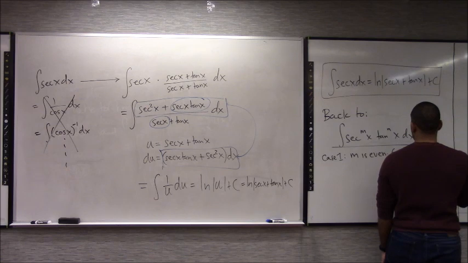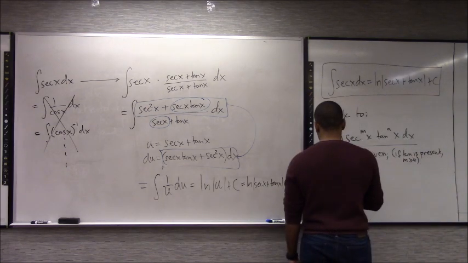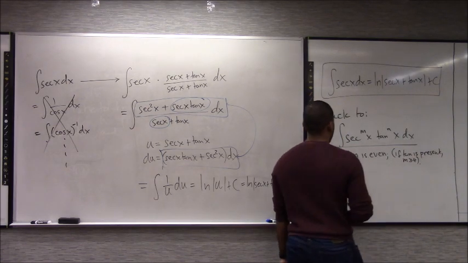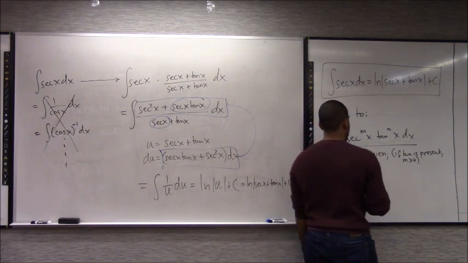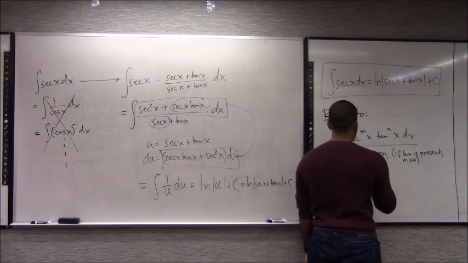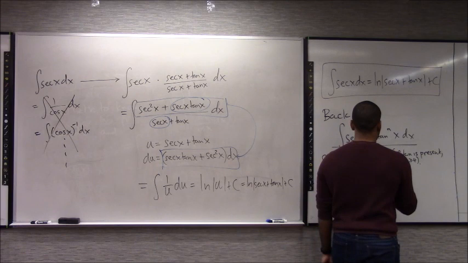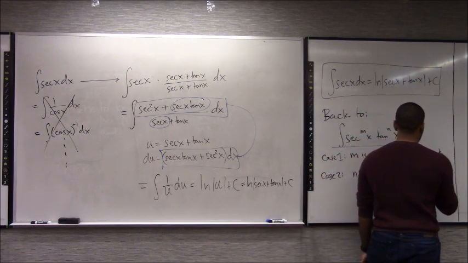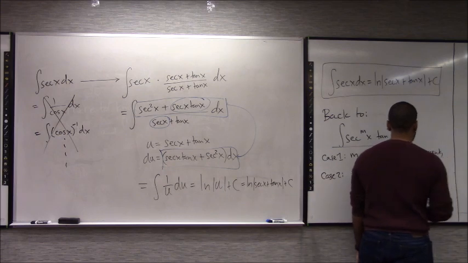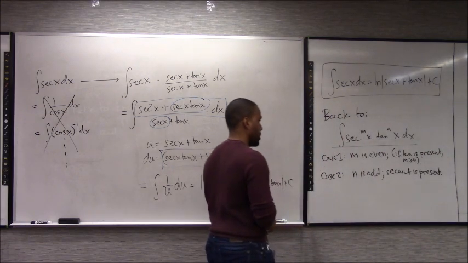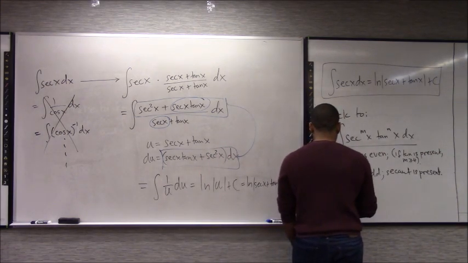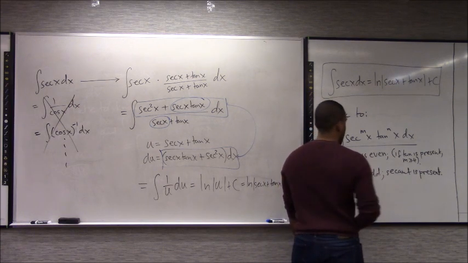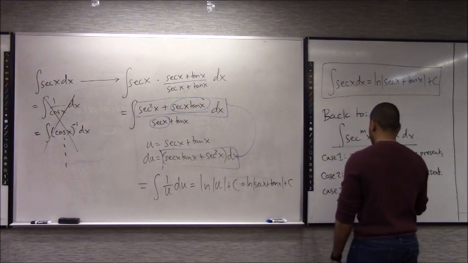Usually you want this to be at least 4. Case 2 is when n is odd and secant is present. And so you already start to see these guys are kind of weird. Now, case 3, pretty much anything else, all other cases.